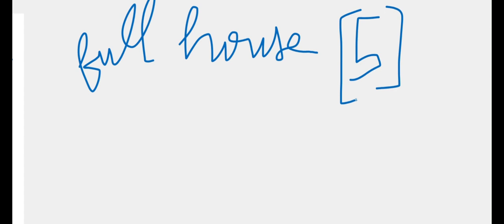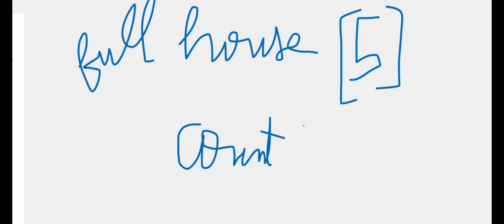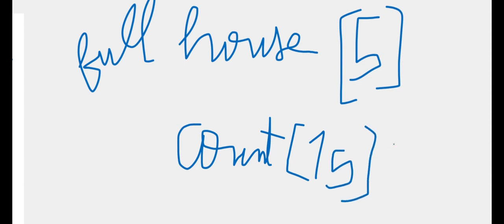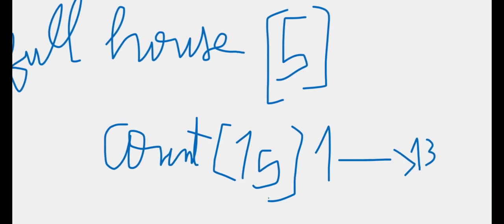Second step, I need to count. To count the cards, I need to declare another array, count, of size 14. Why 14? Because I have cards from 1 to 13.